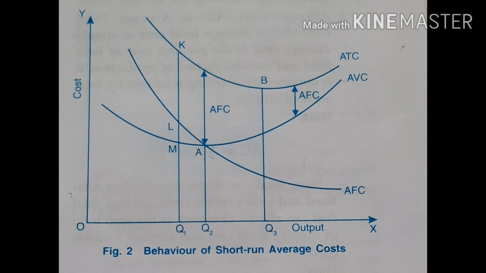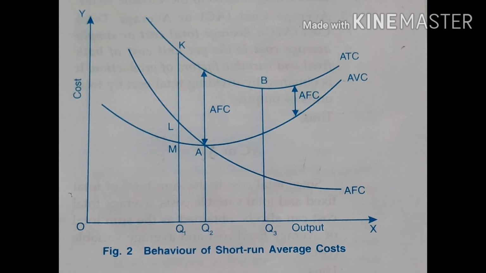and the minimum point of ATC or AC is at Q3. So AVC reaches its minimum point at a level of output lower than that of AC, right? Because when AVC is at its minimum point, AC is still falling because of falling AFC.